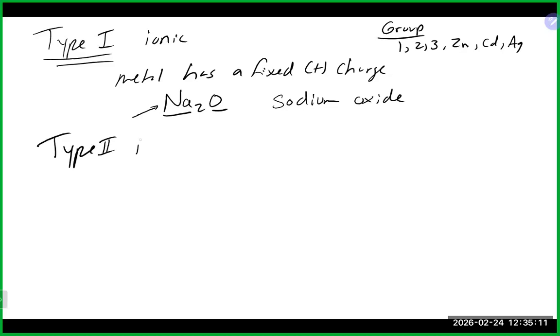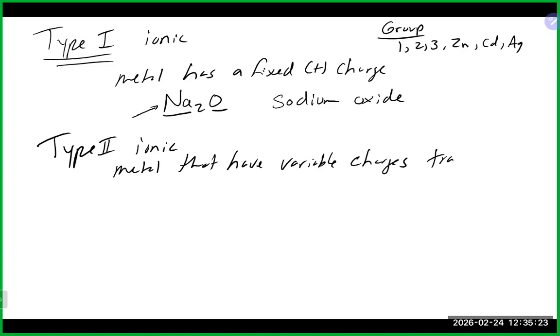Type 2 ionic compounds are metals that have variable charges. Those are typically your transition metals, which are between groups 2 and 3 on the periodic table.